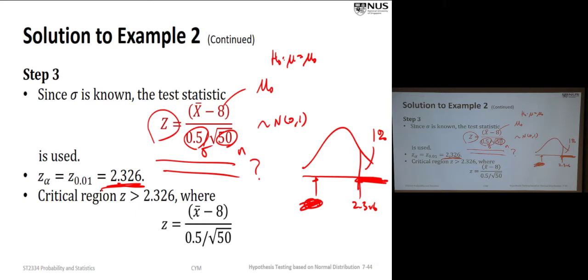This lowercase x bar represents the realization of your sample. That means once you take a sample, you observe x1, x2, up to xn, so you got all those values. That is algebra. I did not write down what x1 is, but it means that you know what x1 is. They are known, and then you calculate the average, so you can calculate your lowercase z.